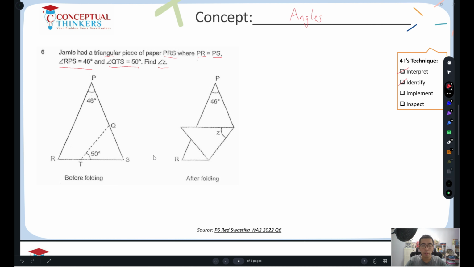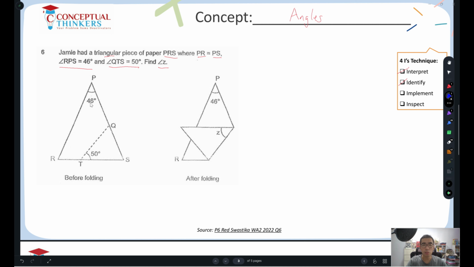Now for angles questions, I feel that it is pretty common for the past few years. Now some students may have difficulty visualizing how the folding works. So I think it's good to use this video to explain how you should interpret the question. Now first, I will unfold this part of the triangle.